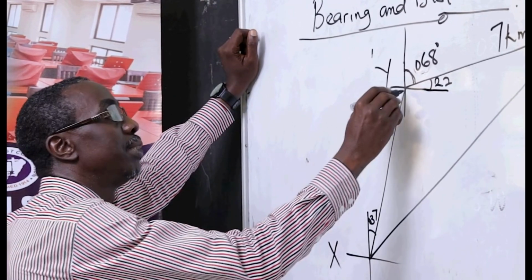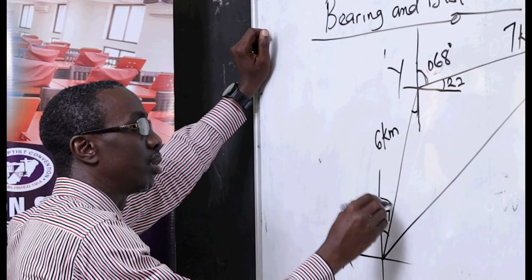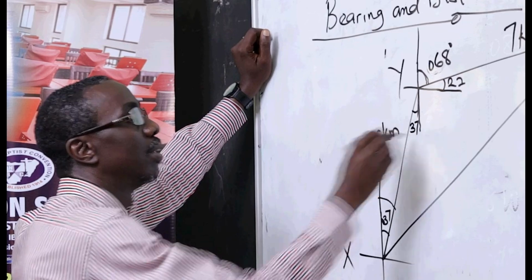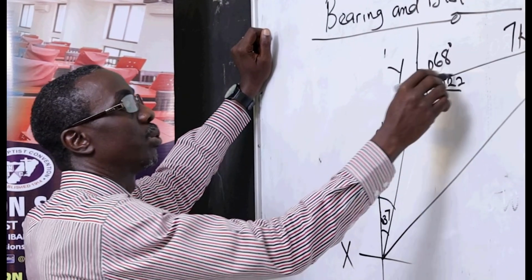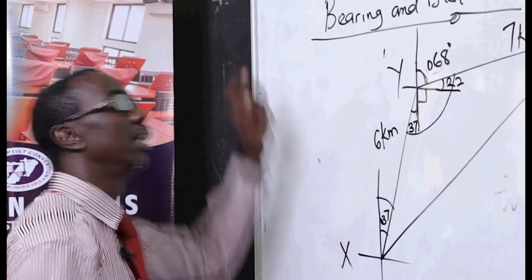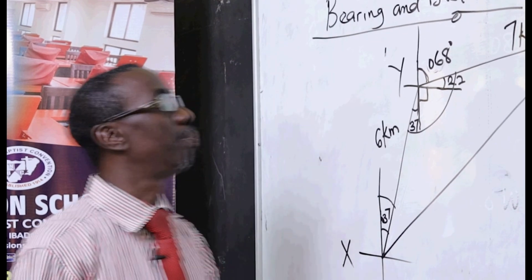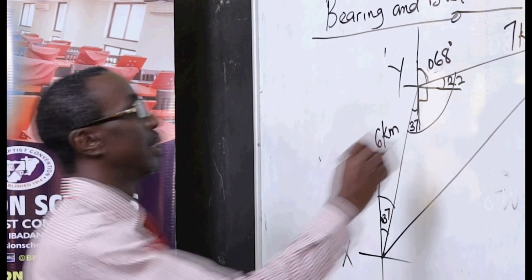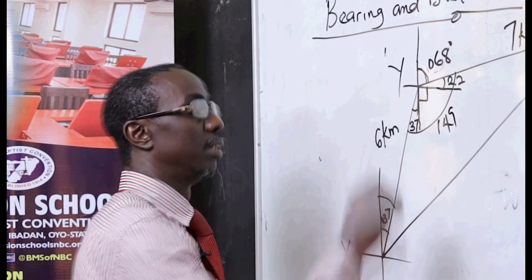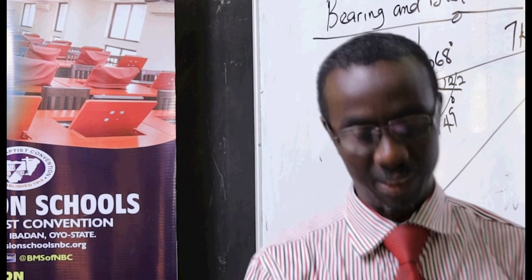You also agree with me that the angle here and the angle here are alternate angles, so they are equal. Right? Yes, sir. The last thing I can see here is that this is 90, so the total angle here should be 149. That is 90 plus 59. Right? Yes, sir. That's 149. Thank you. 149 degrees.